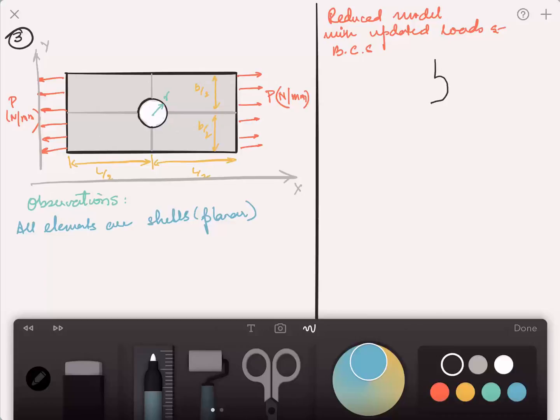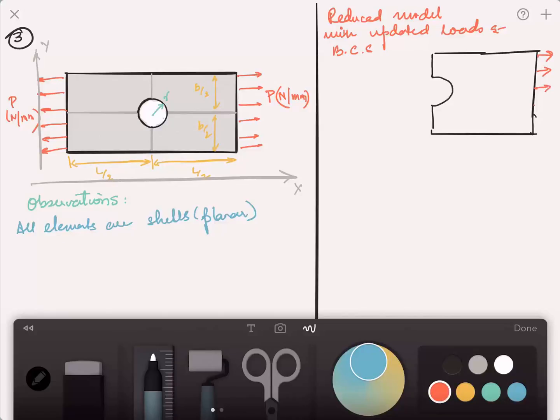Sorry about this bad picture. So your geometry now reduced on the right side looks like this, and you have a certain load that is acting on it, which is intact because it's a distributed load, so no updates to the load.